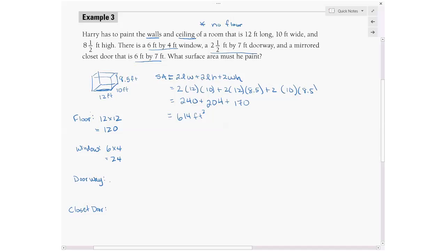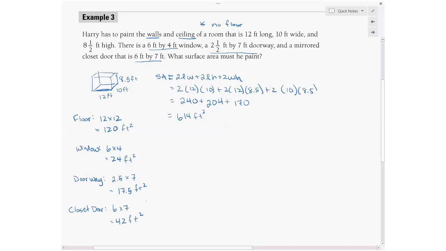Then we've got the doorway, which is 2.5 by 7. So 2.5 by 7 is 17.5. Remember, these are all feet squared. And our closet door is 6 by 7. So that's 42 square feet.